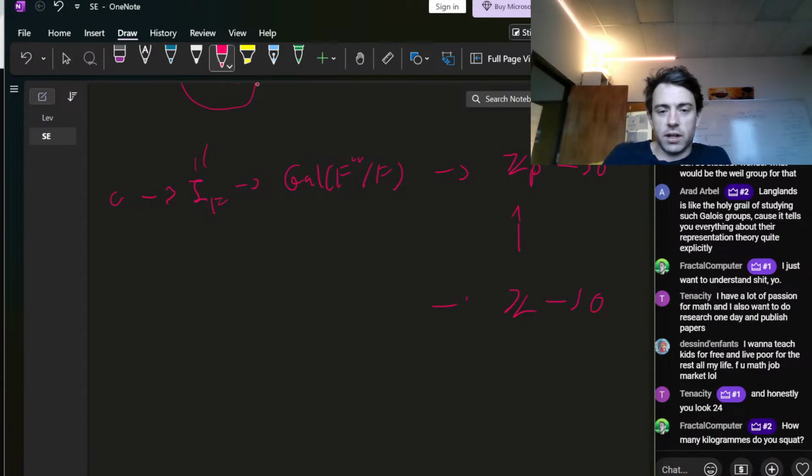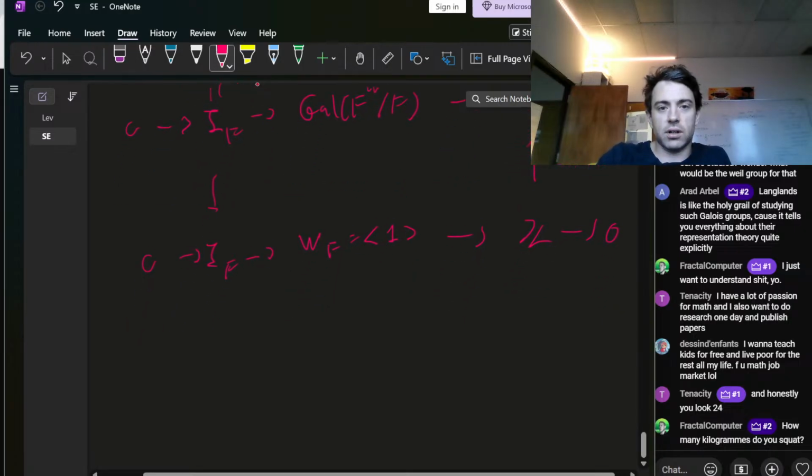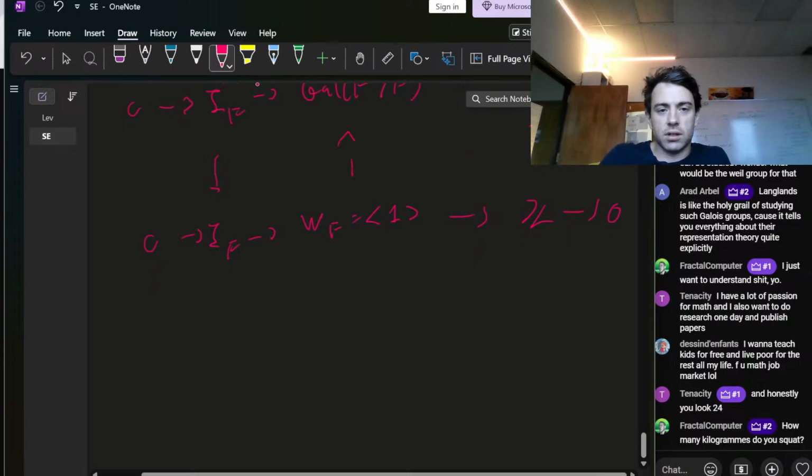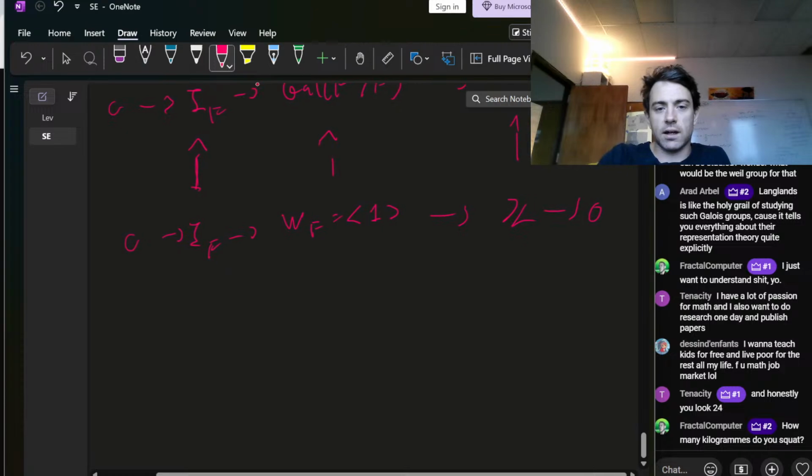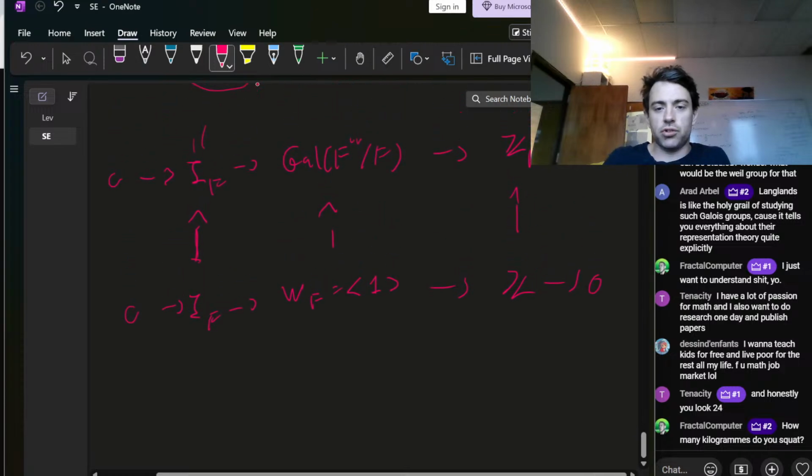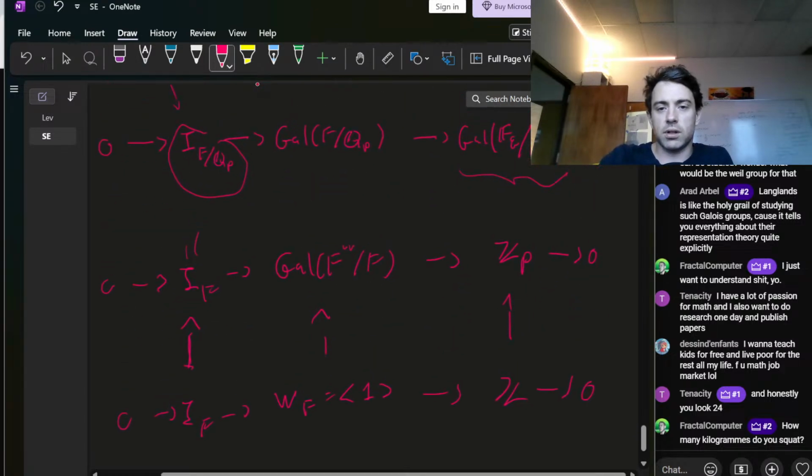And you basically take the inverse image of 1, and you look at the group generated by the inverse image of the identity here. And basically, well, this should be generated, let me say this.